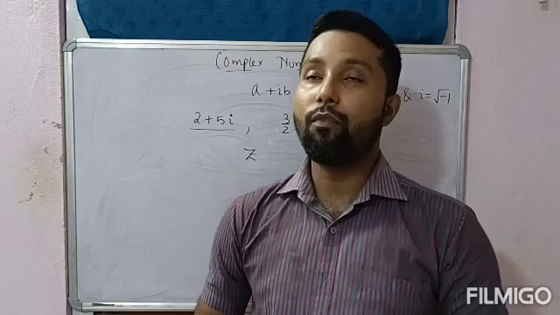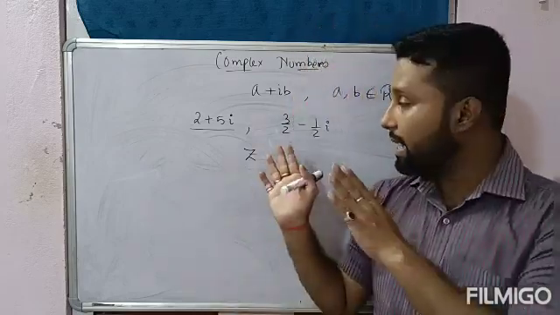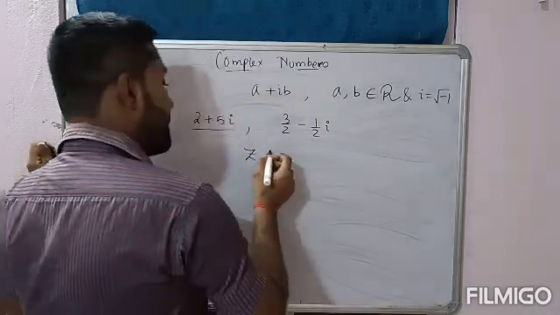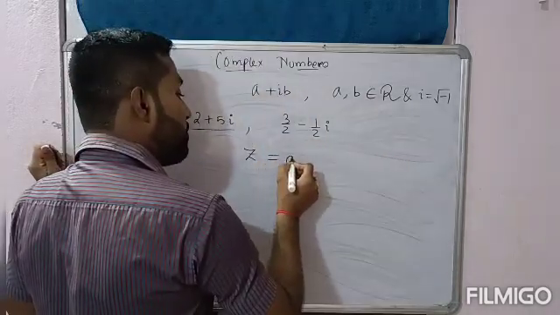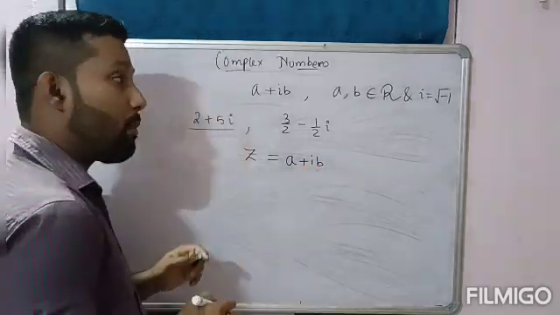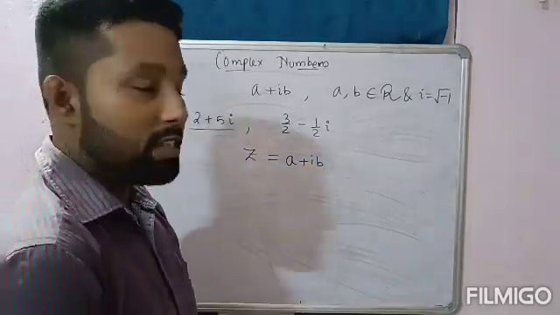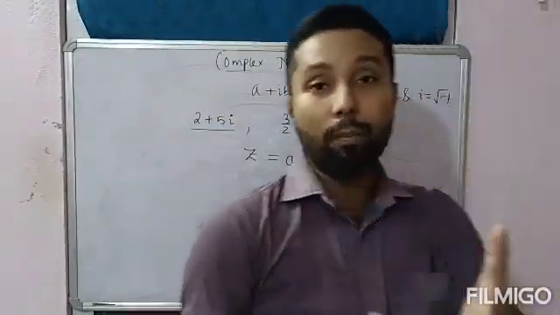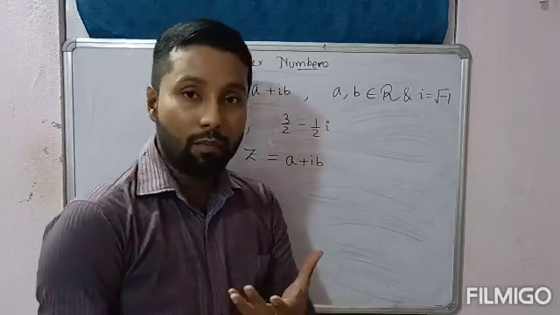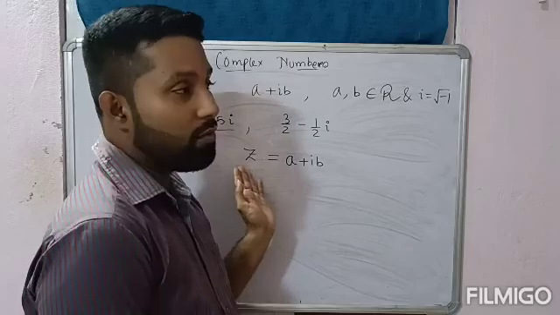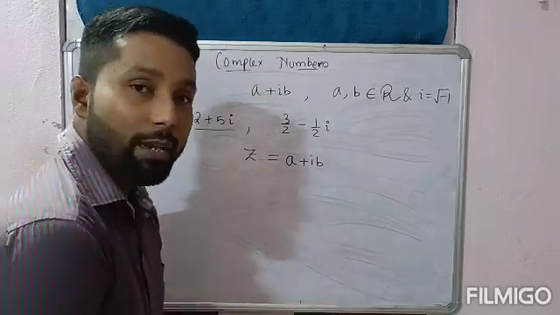Alright, the set of all complex numbers are denoted by either Z or C. Okay, that is Z equal to, we can write a plus ib. Yes, if a complex number is denoted by either Z or C, therefore we can write Z equal to a plus ib, because a plus ib is the complex number. Any number of the form a plus ib is called a complex number. So if it is denoted by Z, clearly we can write Z equal to a plus ib.